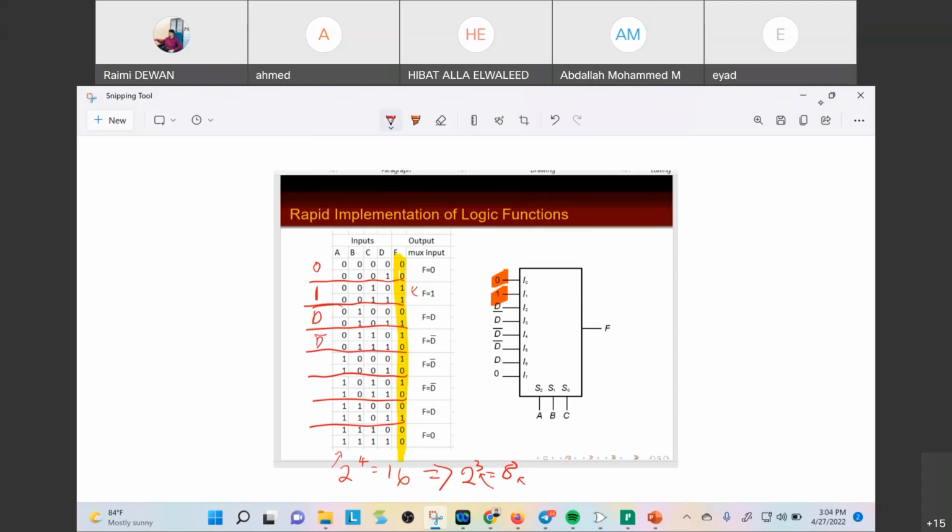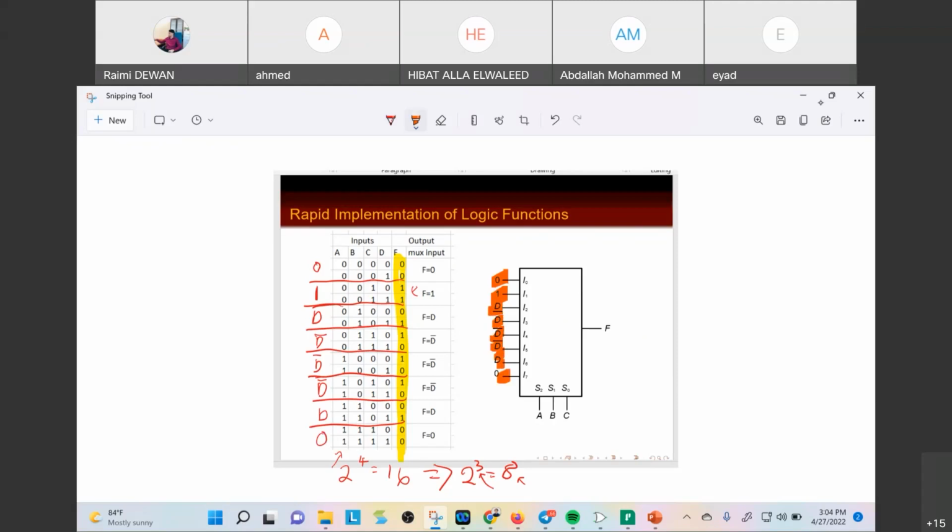This one is also always inverse, so it's D bar. And this one is always inverse, so it is D bar. And this one is always the same, so it is D. And this one is always 0, so it's 0. That's why we have this.